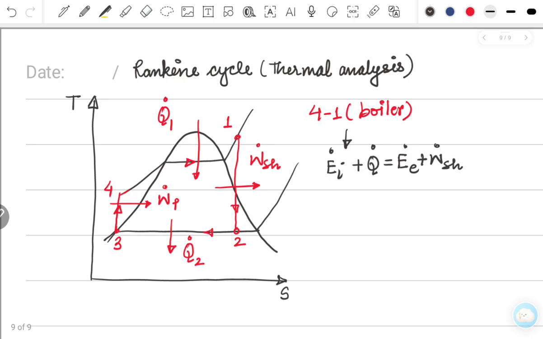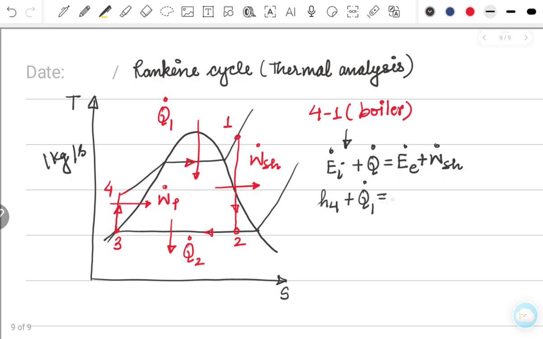So if you neglect the kinetic and potential energies and assume that 1 kilogram of water is flowing throughout the cycle per second, that is, per unit mass, then you can see that the energy which is entering at point 4 is the enthalpy H4 plus the heat input, which is Q1 dot.